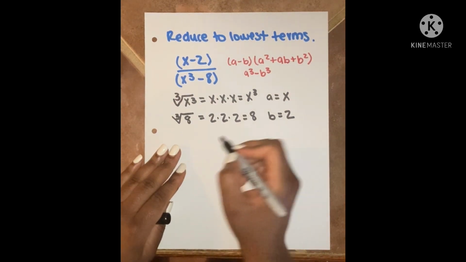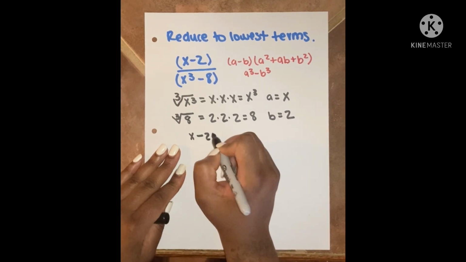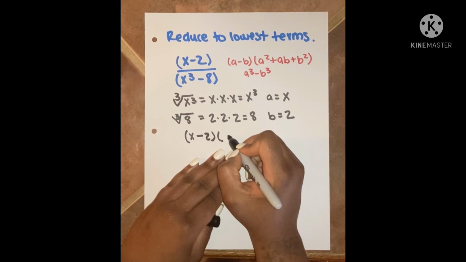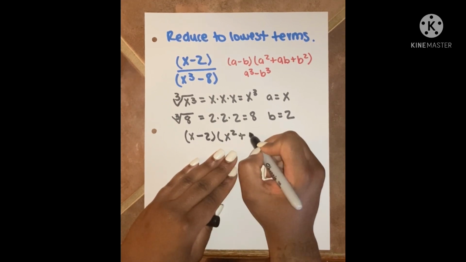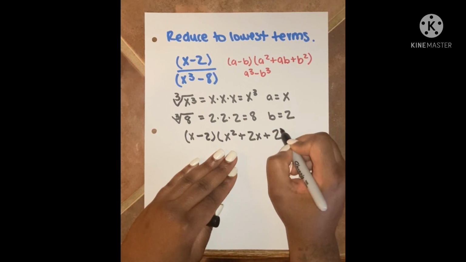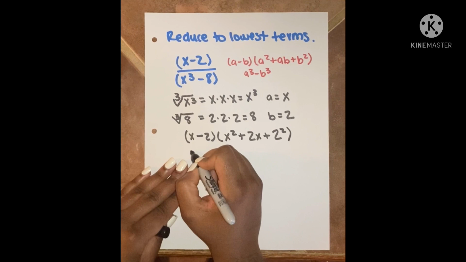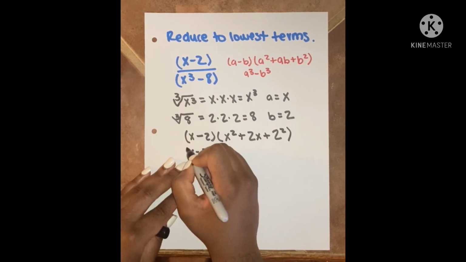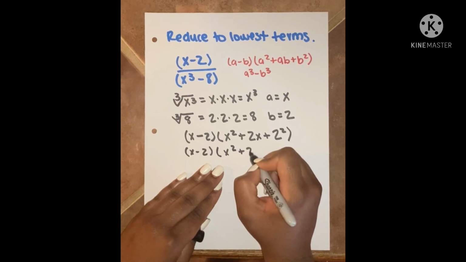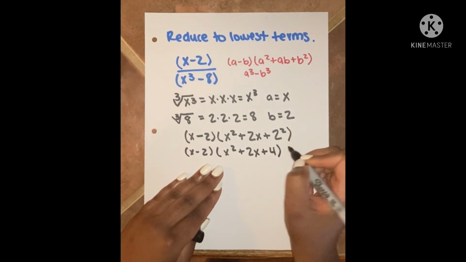So what we have is x minus b, and we're adding that back into this. So we have x squared plus 2x plus 2 squared, which is x minus 2 multiplied by x squared plus 2x plus 4.